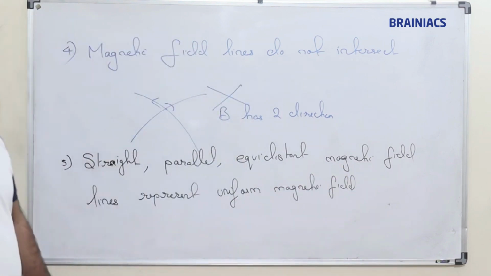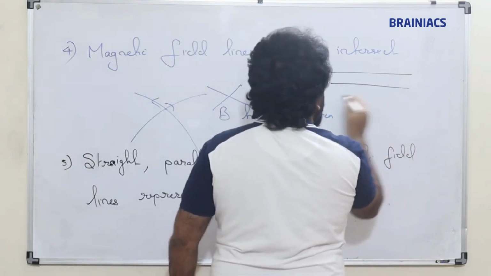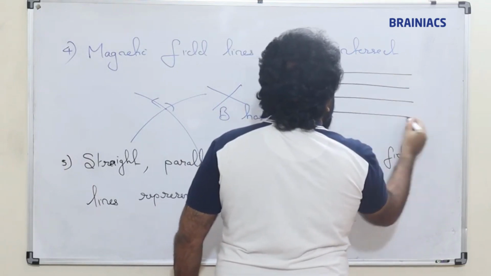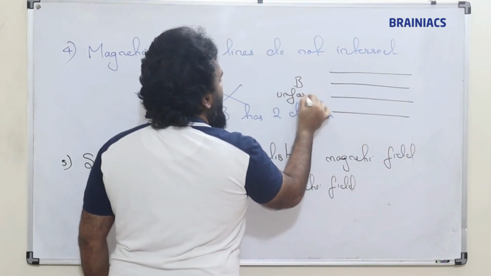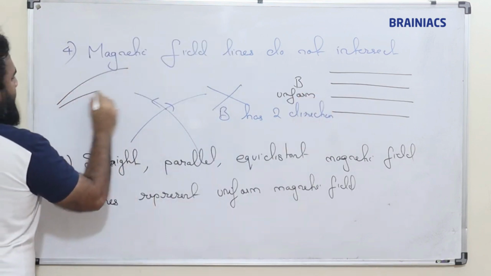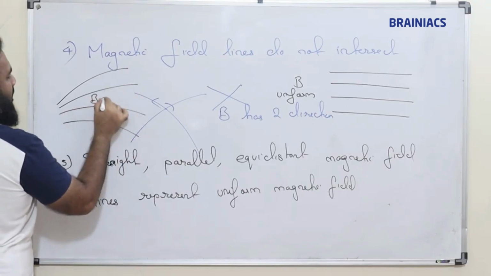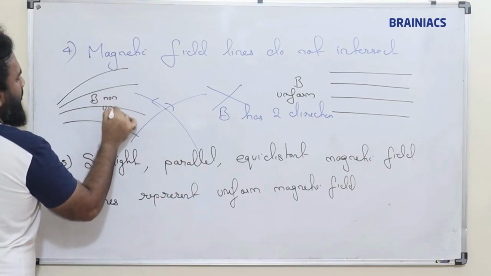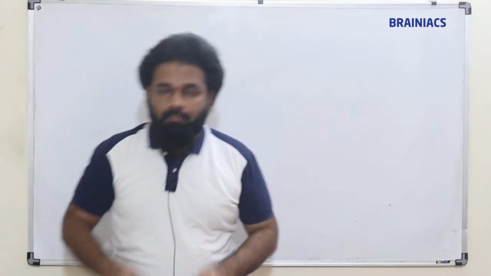Clear? Suppose, see, they are equidistant. Here the B is uniform. Now suppose if we draw like this, here B is non-uniform. Okay, please pause the screen and note it down.